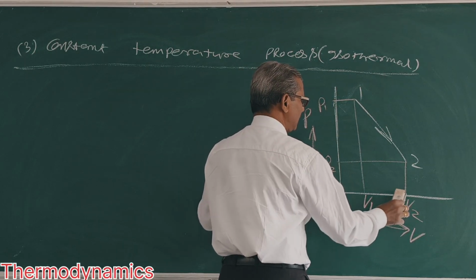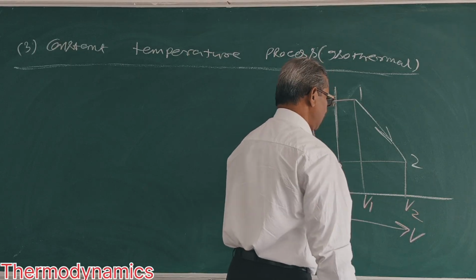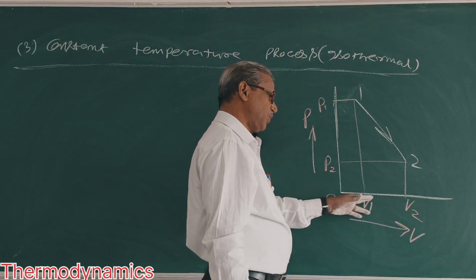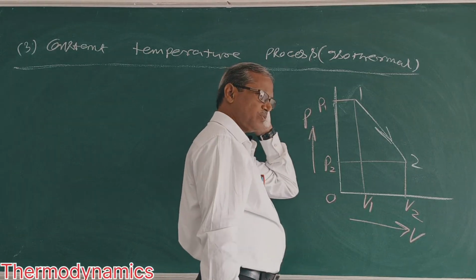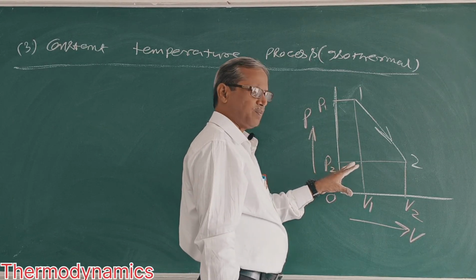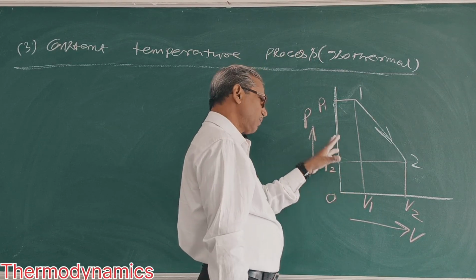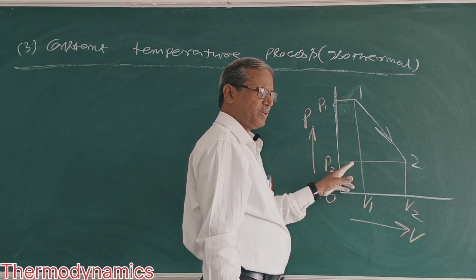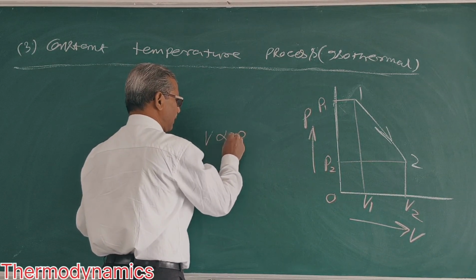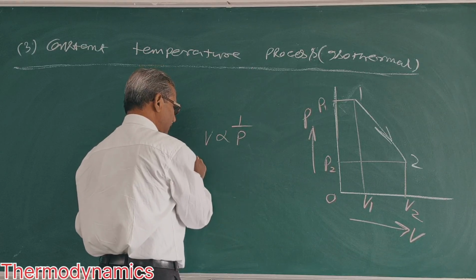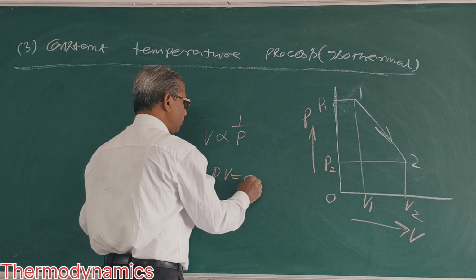This is an expansion process, so the volume increases from V1 to V2, and pressure decreases from P1 to P2. See, this is a constant temperature process, which means V is inversely proportional to P. So what is Boyle's law? V is inversely proportional to P. This implies PV is equal to constant.